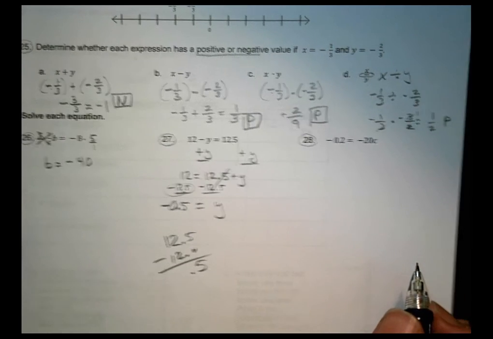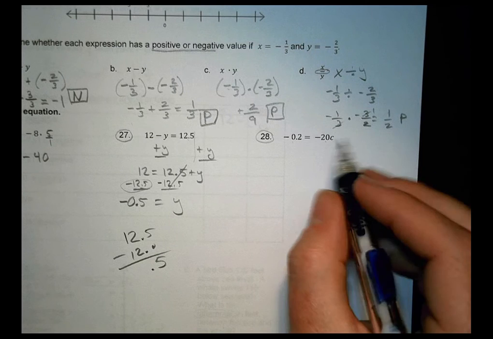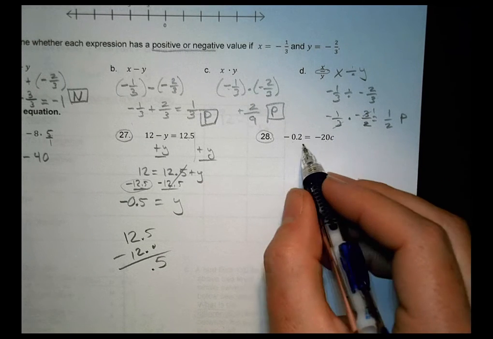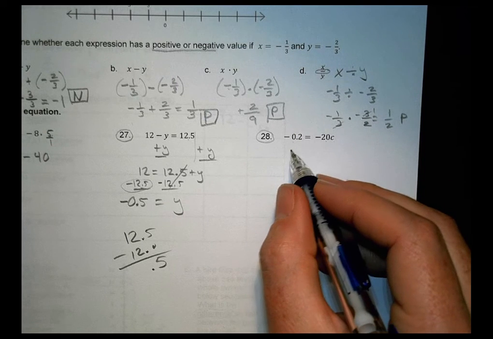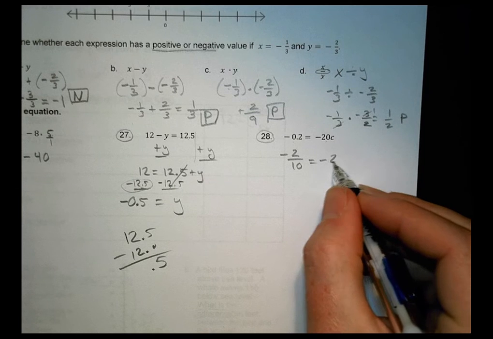And finally, number 28, great question. We have a negative and a negative. We have a c. So we're going to divide both sides by 20. Okay, so let's rewrite this real quick. I'm going to rewrite this as a negative 2/10 equals negative 20c.